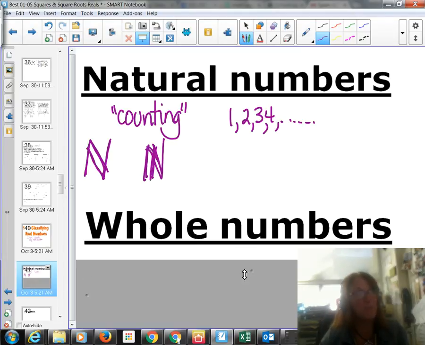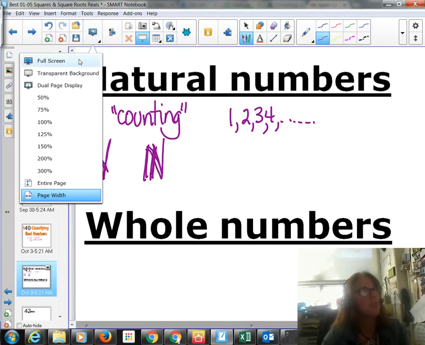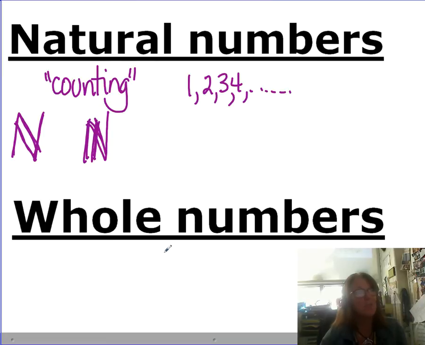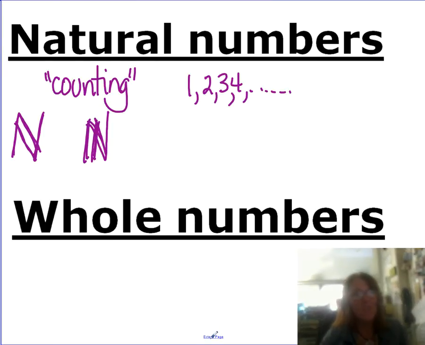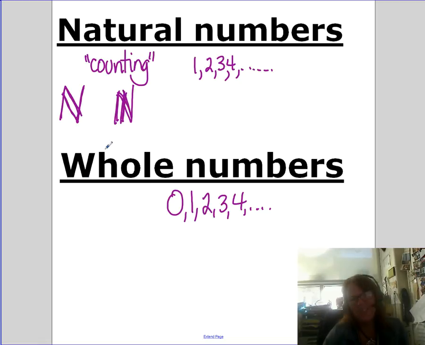Next come the whole numbers. And the whole numbers are very similar to the naturals. In fact, it includes every single one of those natural numbers, and then it just has a little bit of an addition to it. So we have 1, 2, 3, 4, and so on, and we add 0 in there. See, it wouldn't make sense to use 0 when you're counting, so that's why we separate these two.